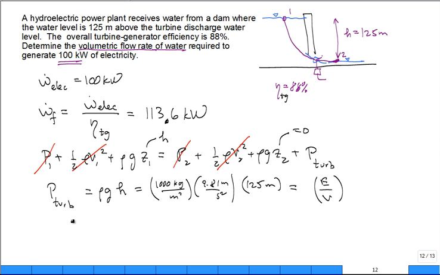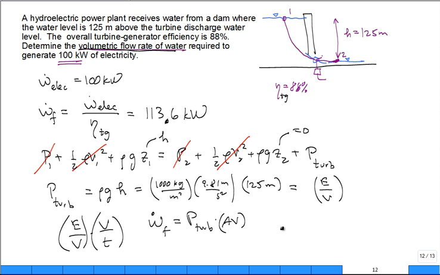If I multiply energy per unit volume by volume per unit time, do I get power? Sure. And so the fluid power, W dot fluid, is equal to this pressure across the turbine times the volumetric flow rate, which is what I need to calculate.